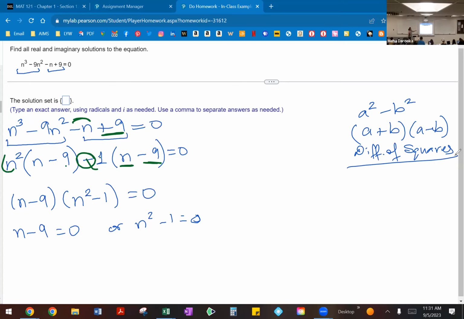So how can I convert my n squared minus 1 into a squared minus b squared form? Because I'm only seeing a square on the n, right? What happens with the 1? Can I write that as 1 squared? What is 1 times 1? This is the only number where you can actually write it as a square because 1 to any exponent will always say 1, right?